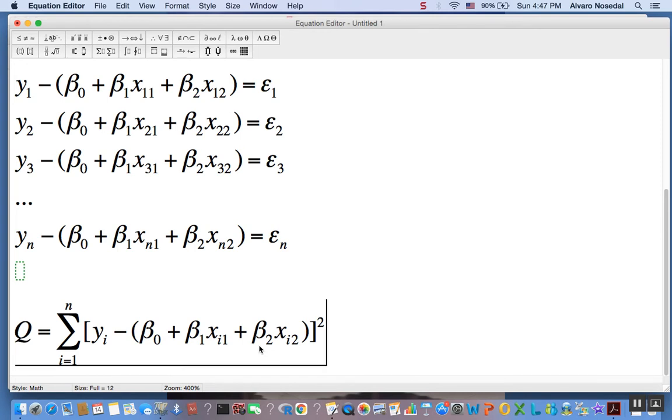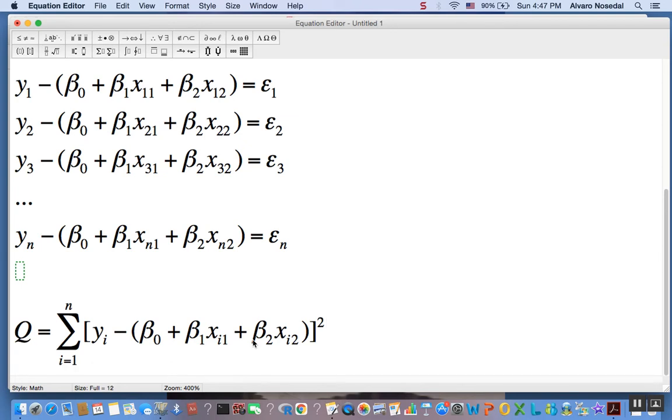So what would be the next thing that you would naturally do if you wanted to minimize that quantity? Well, you would just take partial derivatives, right? Differentiate with respect to beta 0, beta 1, and beta 2.